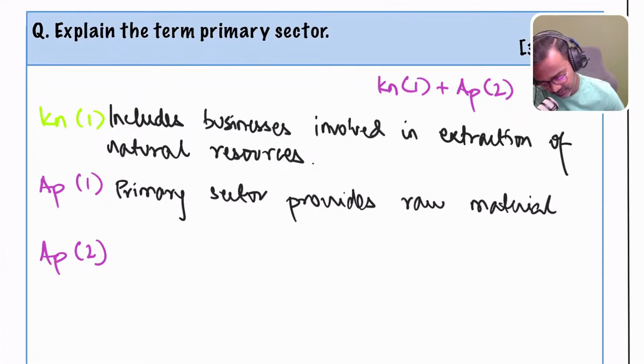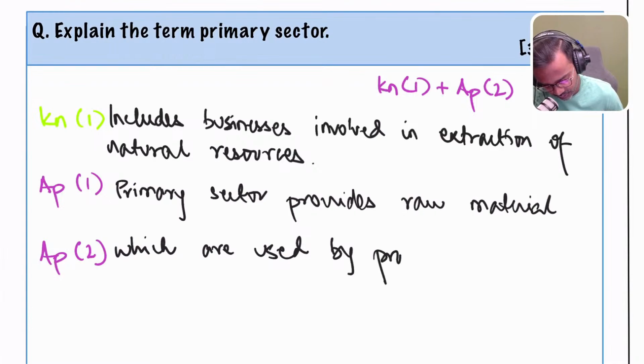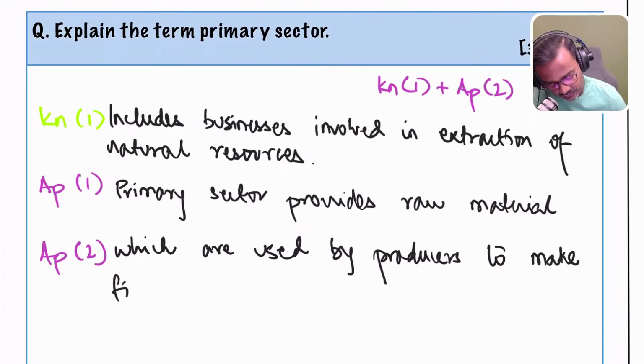Primary sector provides raw materials which are used by producers to make finished goods.